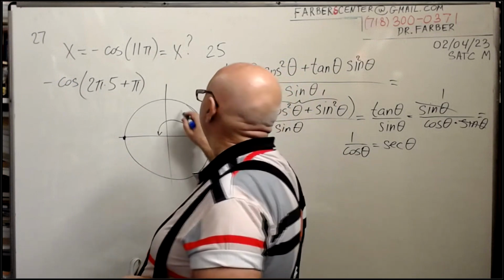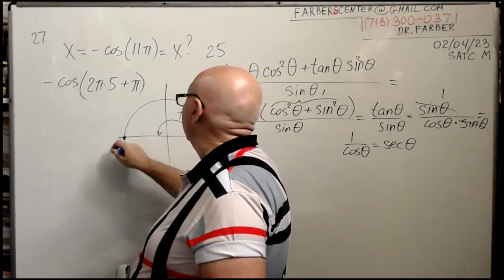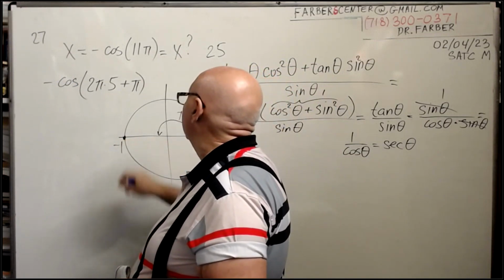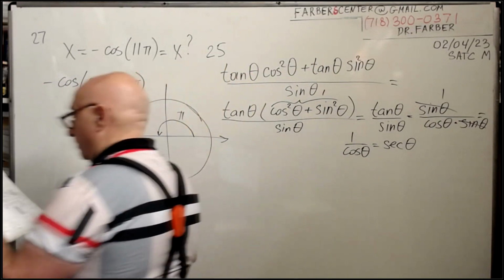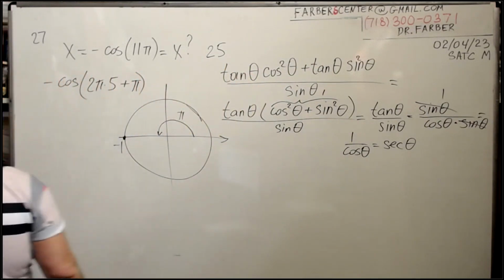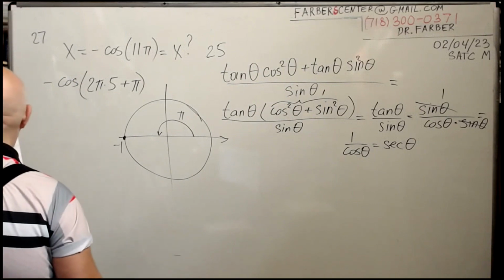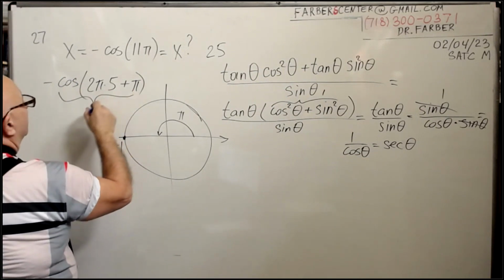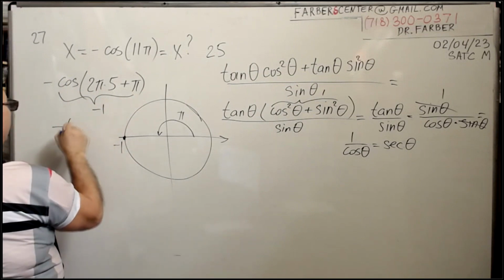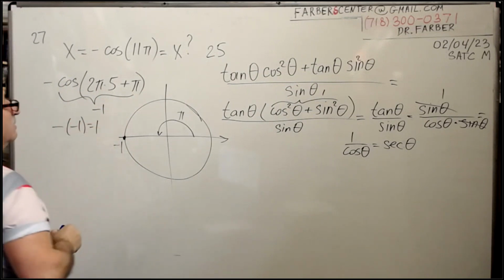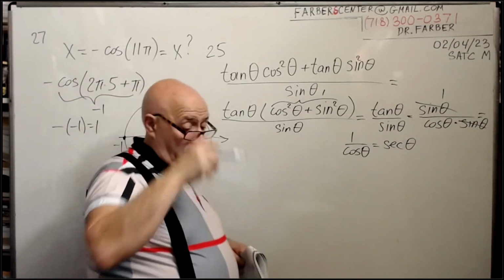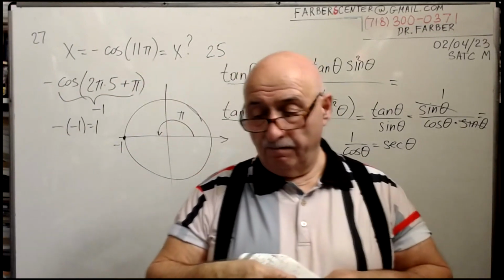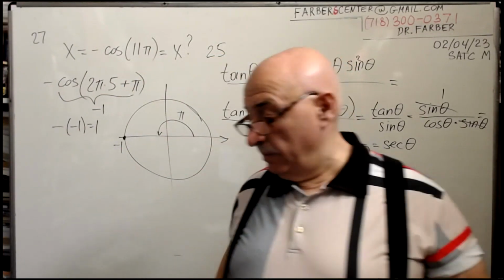Cosine of pi equals -1, right? I ask you which value of x. So if this is -1, then negative of -1 is 1. So far so good. If you have any questions, ask me.